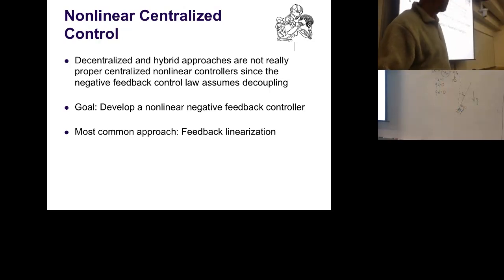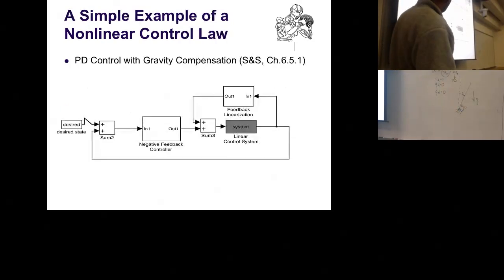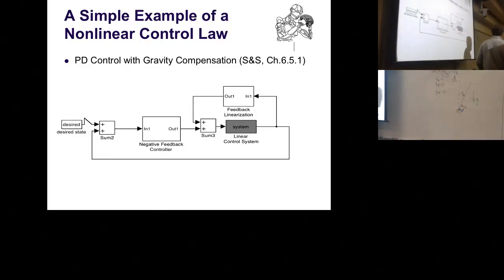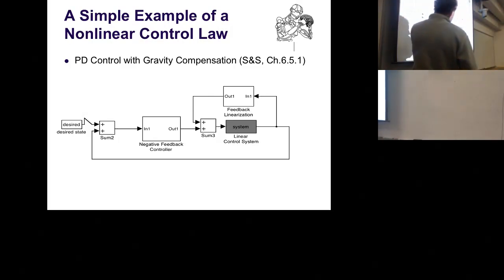Time-wise, we're doing okay. So how do you develop nonlinear controllers in general? It's a little bit of an art, voodoo, inspiration, and some generic recipes. One favorite recipe that people like to use is what is called feedback linearization.